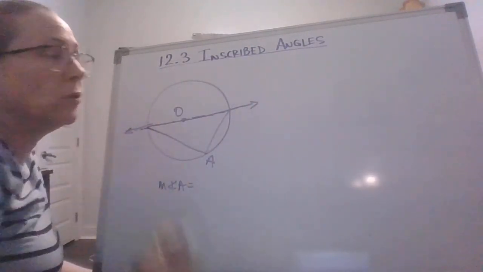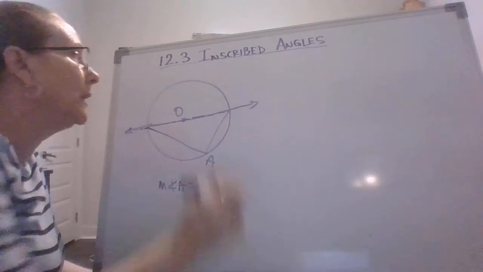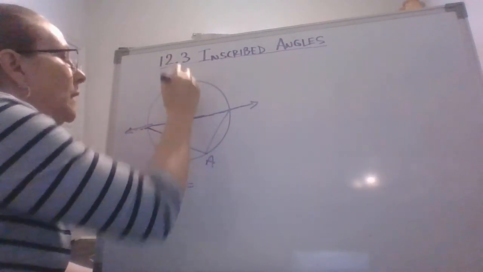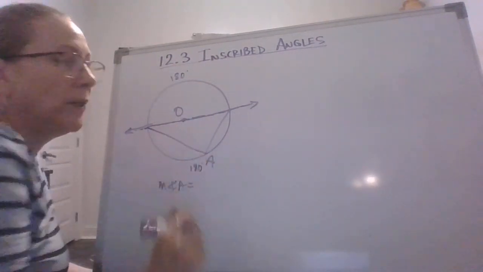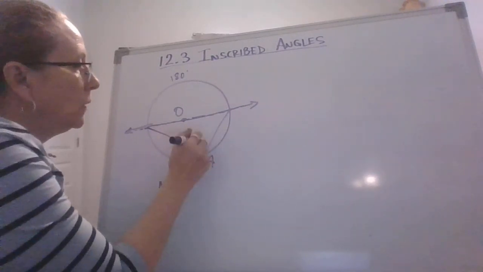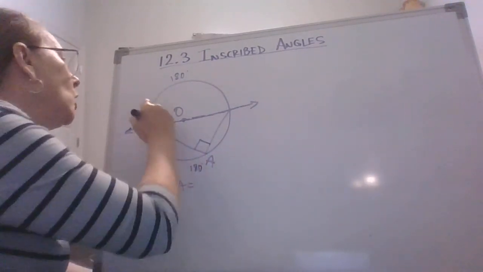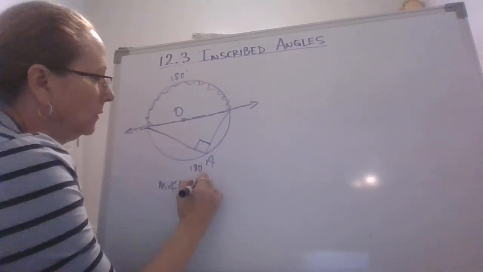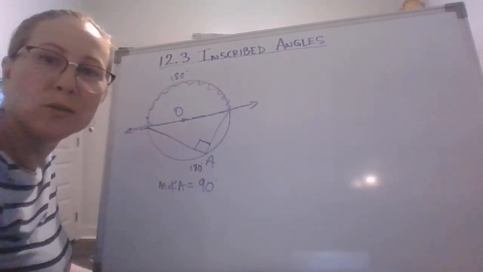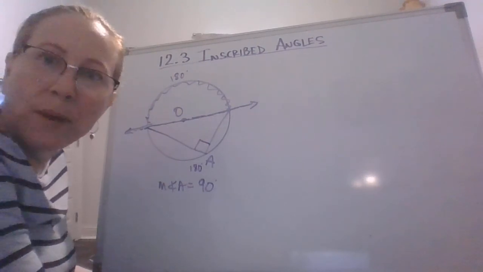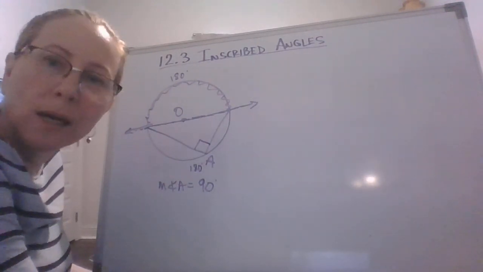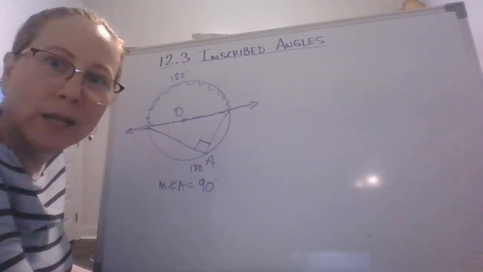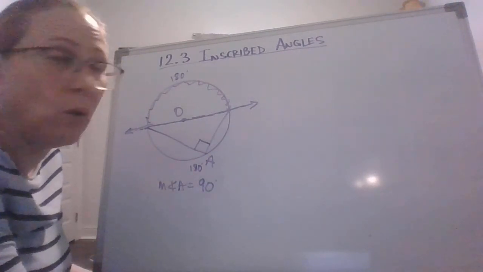So we don't need a degree measure because we know if that's a diameter, this half of the circle is 180, this half of the circle is 180. So this angle would be 90, opening up to this 180 degree arc. There's our inscribed angle. So we've seen that about 3 times now, maybe 4. So hopefully you'll start catching on to those 90 degree angles because they're really helpful.